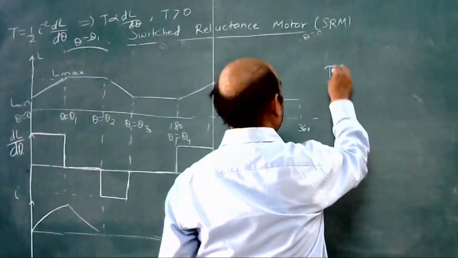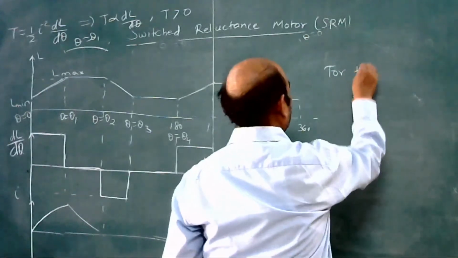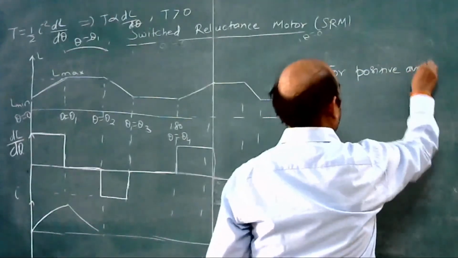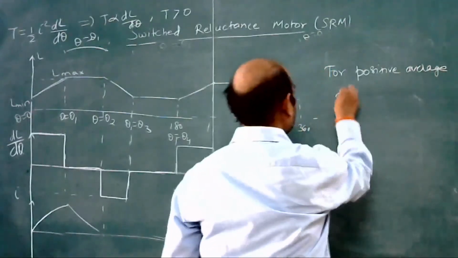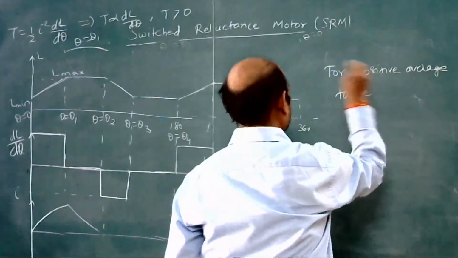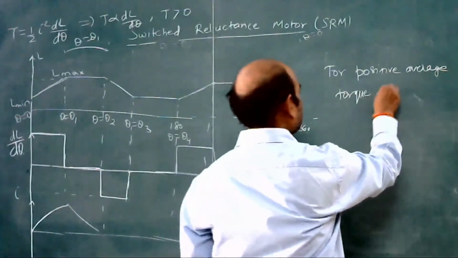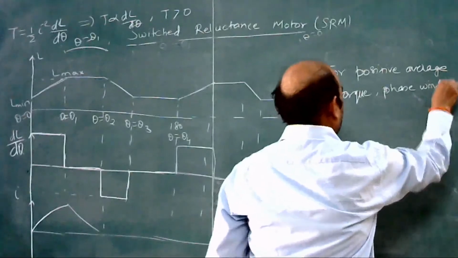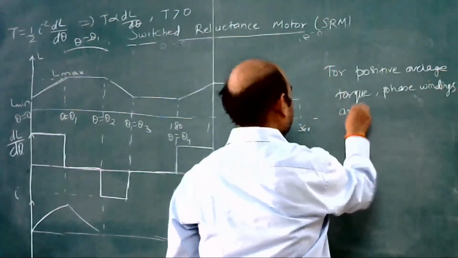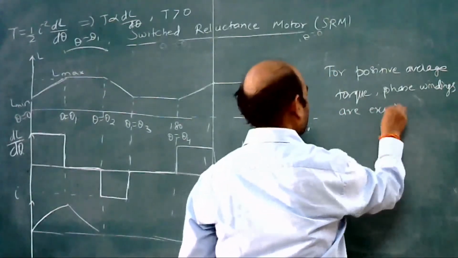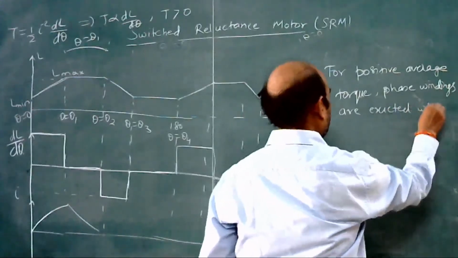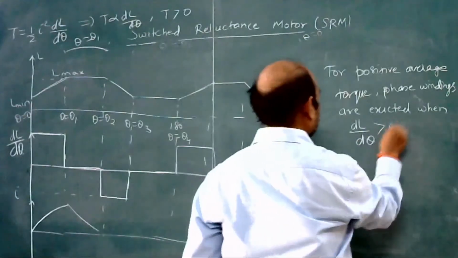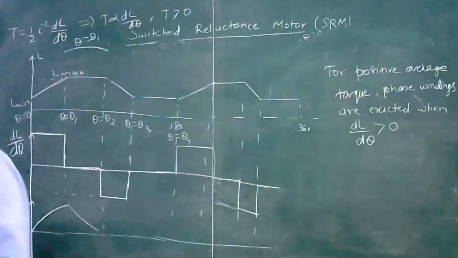So for positive average torque, phase windings are excited when dL by d theta is greater than 0, or positive.